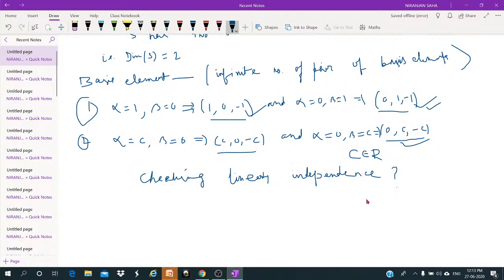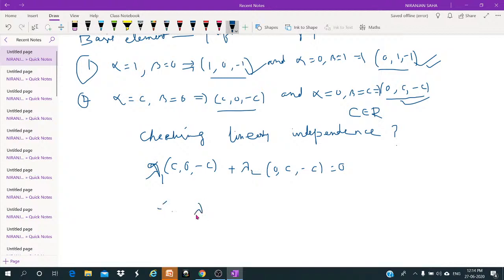Taking lambda 1 times C, 0, minus C plus lambda 2 times 0, C, minus C equal to 0, if we solve this, we have lambda 1 into C is equal to 0, lambda 2 into C is equal to 0.